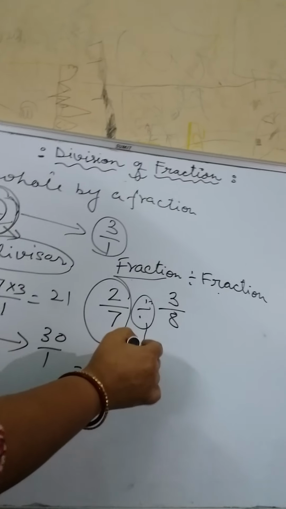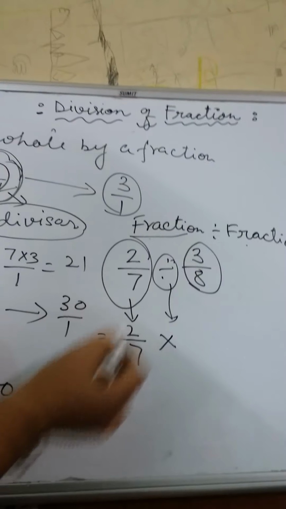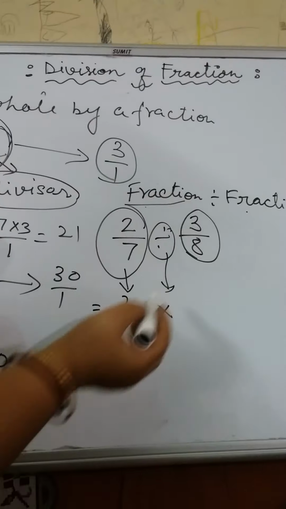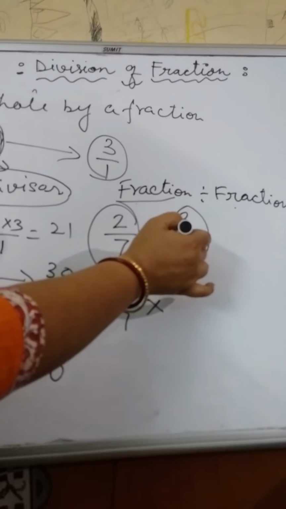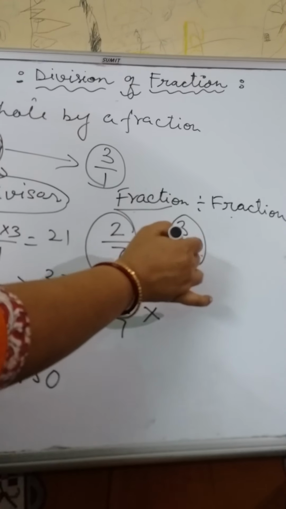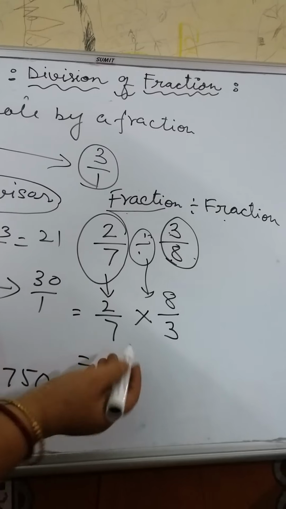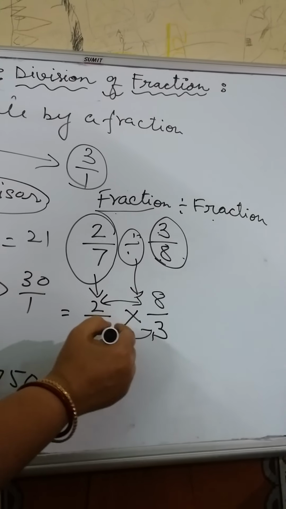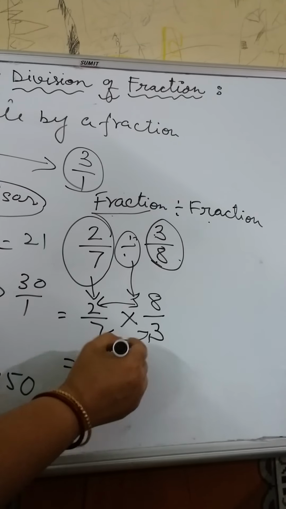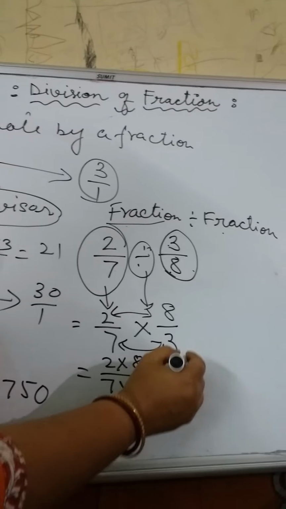Next, this becomes multiplication by the reciprocal of the divisor. So just invert this, the denominator to the numerator and the numerator to the denominator, so it will be 8 by 3. Next is just a simple multiplication, numerator into numerator and denominator into denominator. That is 2 into 8 and 7 into 3, so it is 16 by 21.